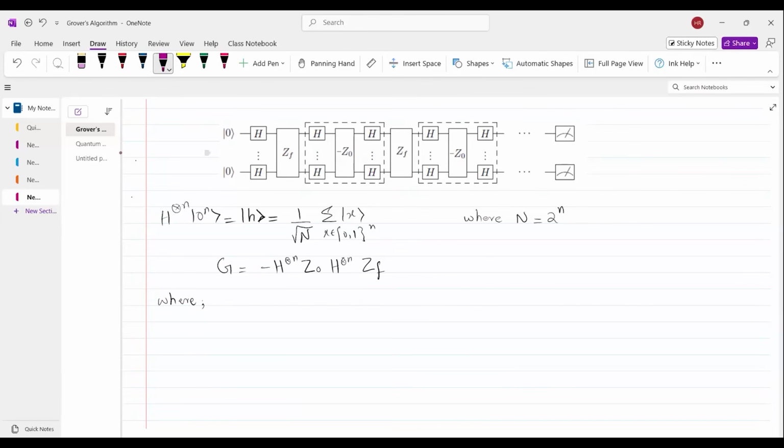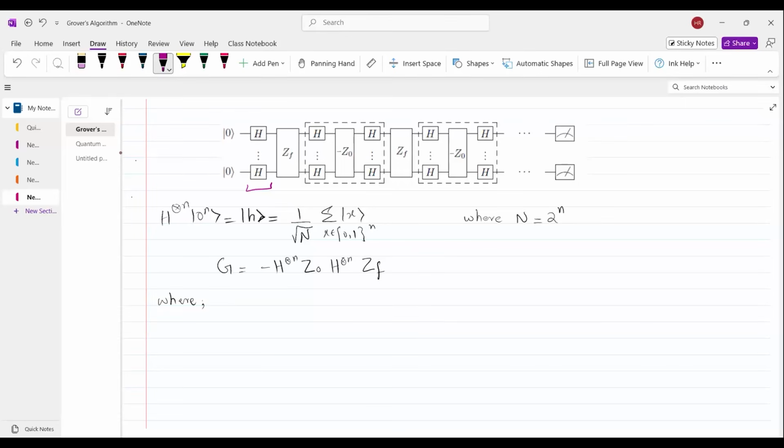We have these n qubits initialized to 0, and we apply Hadamard to get them into equal superposition. That's essentially what has been done over here. So 0 to the power n means an n-length bit string where each bit is 0, and we apply Hadamard on each qubit.